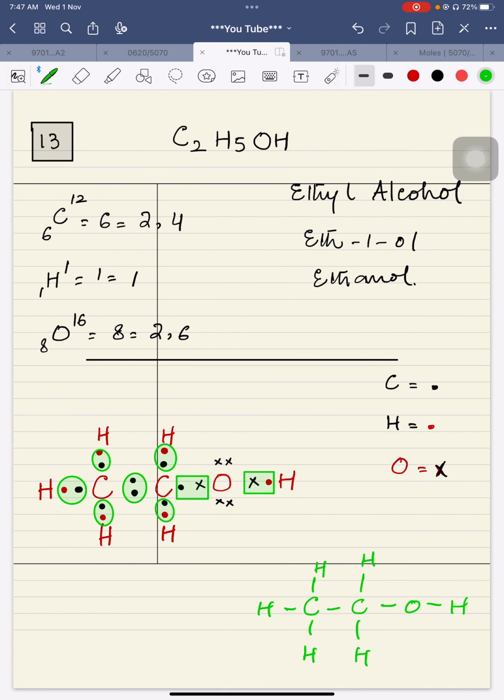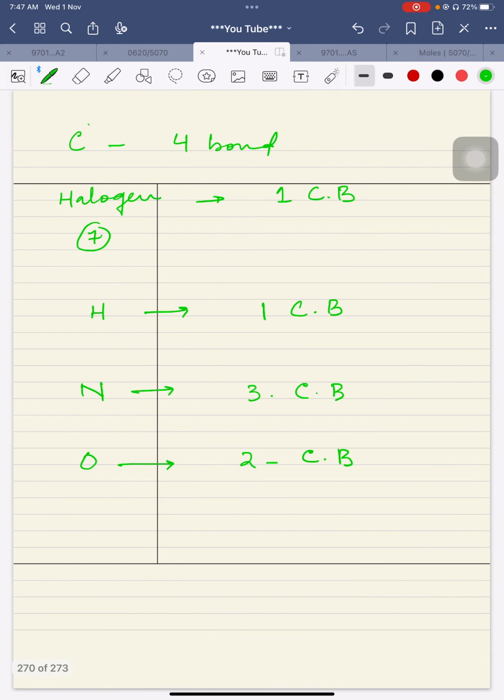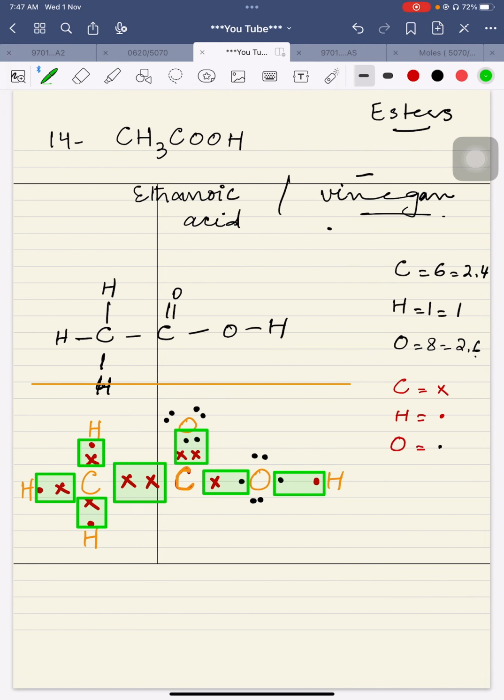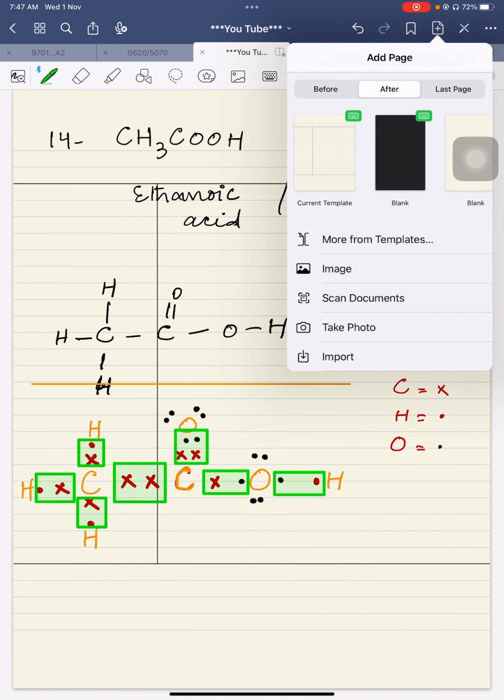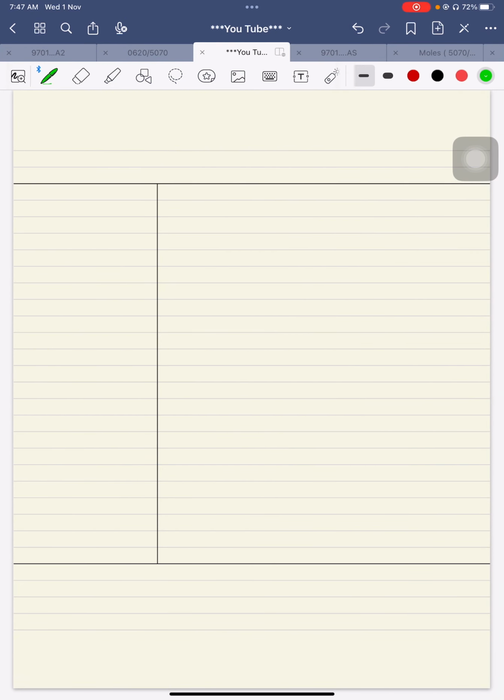Now let's discuss some of the properties of the covalently bonded structures. Properties of covalent compounds.